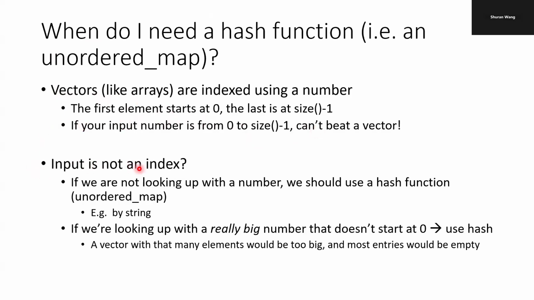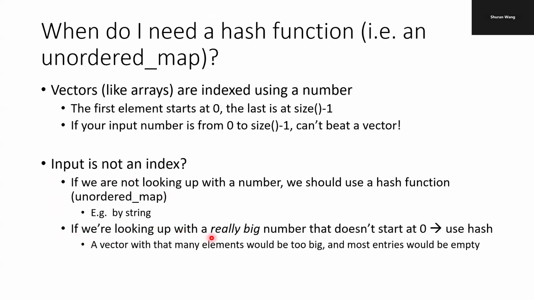But if the input is not an index, like if it's not using an integer for indexing, like strings or anything else, you should be using the unordered map because it's still O(1).